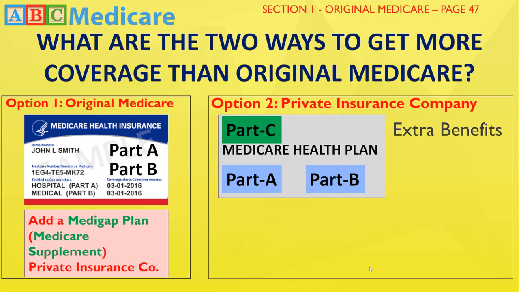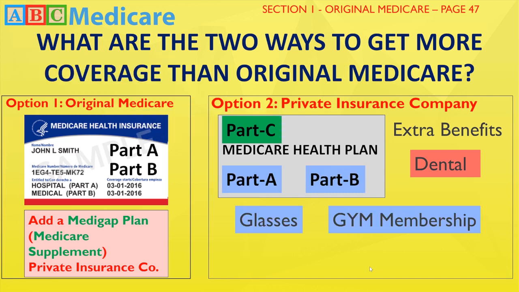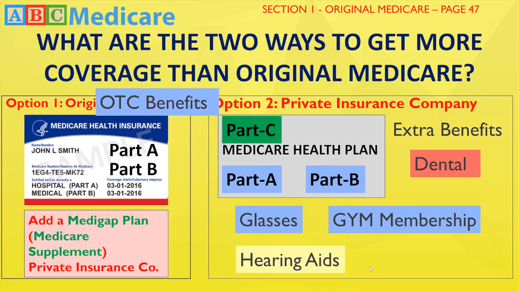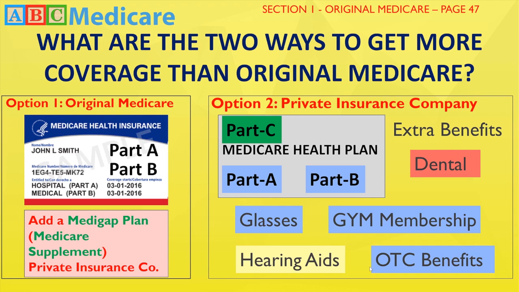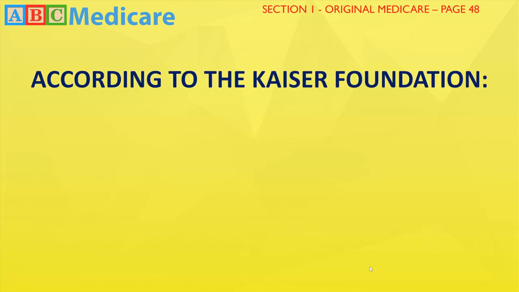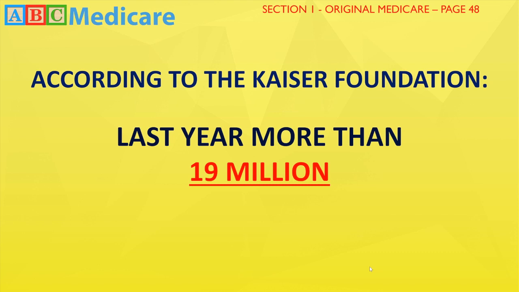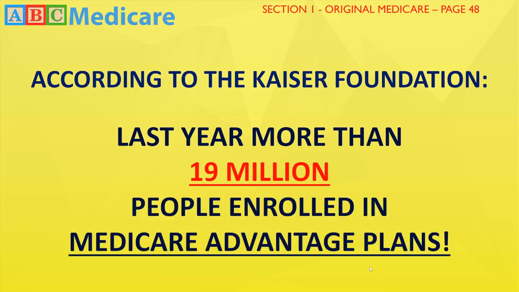All of these plans include some type of extra benefits, such as dental, glasses, gym memberships, hearing aids, over-the-counter benefits, and it is on a case-by-case basis depending on the particular plan. According to the Kaiser Foundation, last year more than 19 million people chose Medicare Advantage plans.